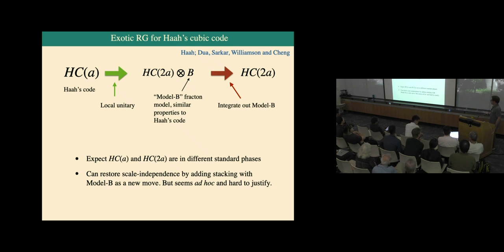But it's possible to restore scale independence by stacking with model B as a new move, although this seems a bit ad hoc, and I think it's hard to justify. We want to understand Haah code by treating model B as something trivial, but model B and Haah code are the same kind of thing. And so that always made me a bit uncomfortable.